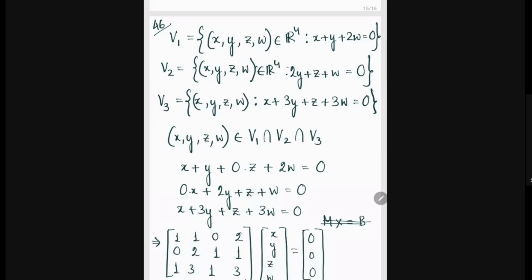Now, you need to find out what is the dimension of the subspace V1 intersection V2 intersection V3, right?